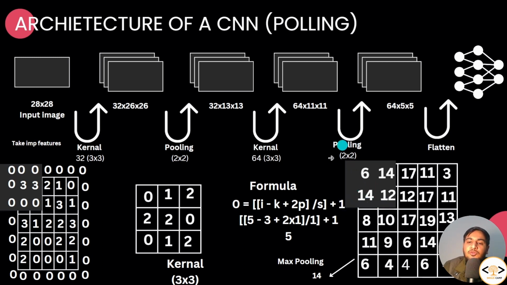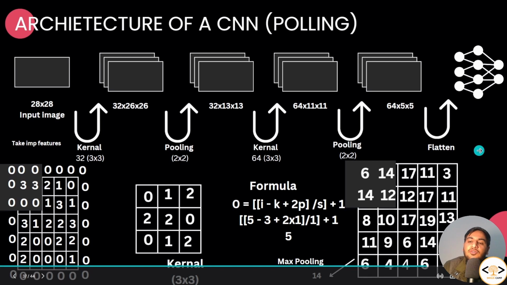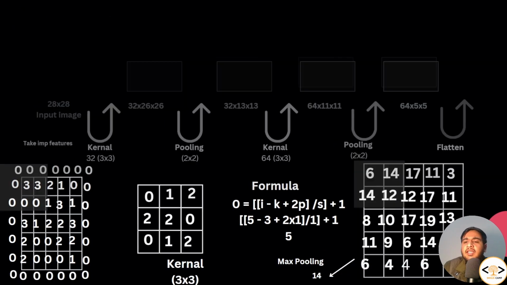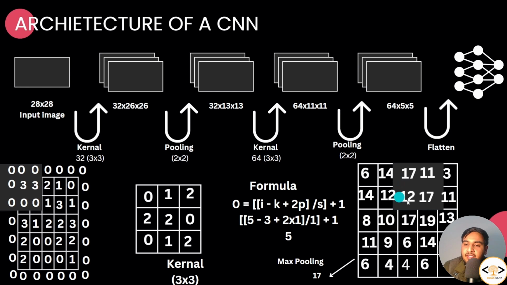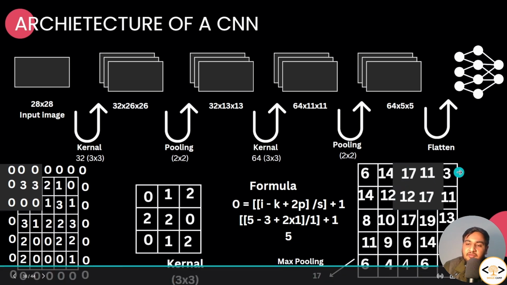Pooling is of 2 by 2 matrix, so we would be taking a 2 by 2 matrix. From over here we are going to take the max value, because we are looking for max pooling. So it's 14. In the next 2 by 2 matrix, let's see what the max value is. It is 17, so the max value would be 17.